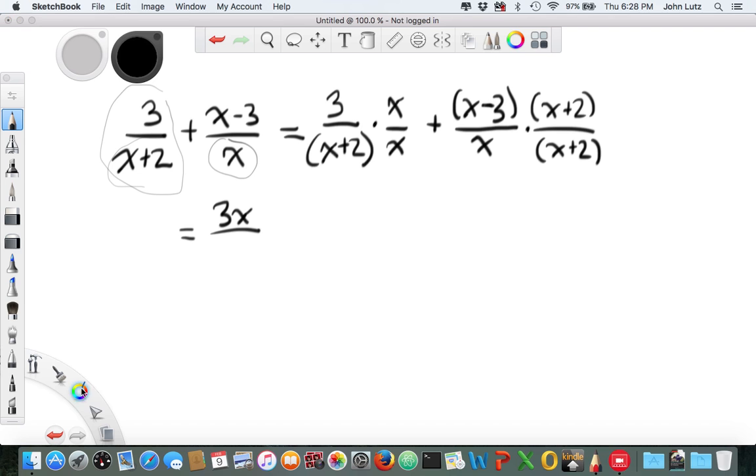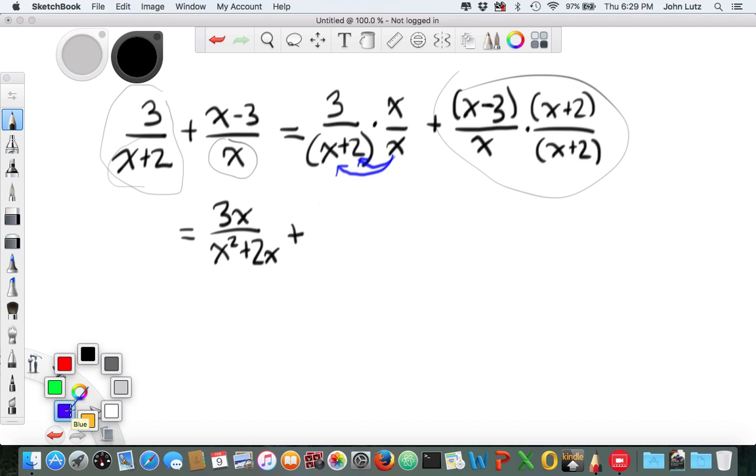On the bottom, what are we going to be doing? We're going to be distributing this into here. Okay, this is distributive power. So I'm going to end up with x squared plus 2x. To that, I'm going to add whatever I get when I simplify that. Let me go ahead and get my blue again.